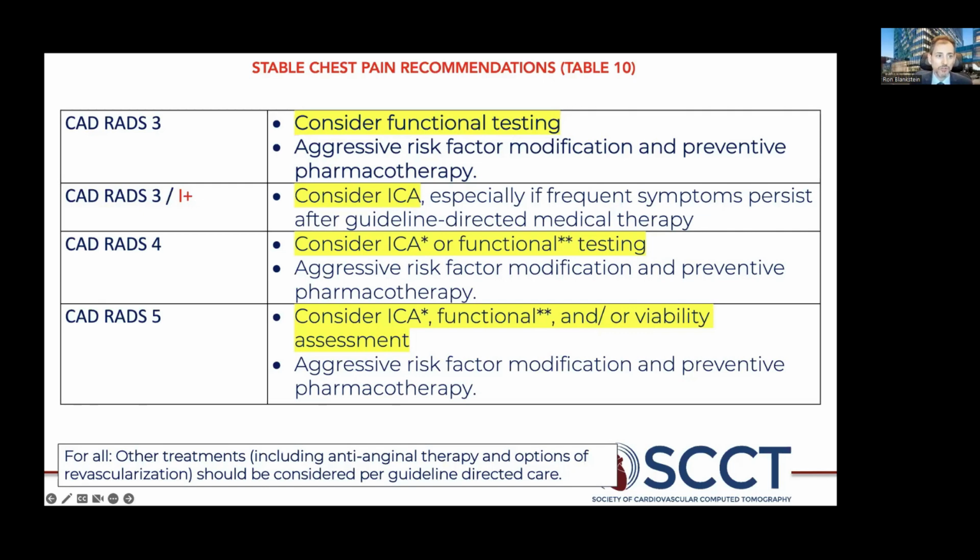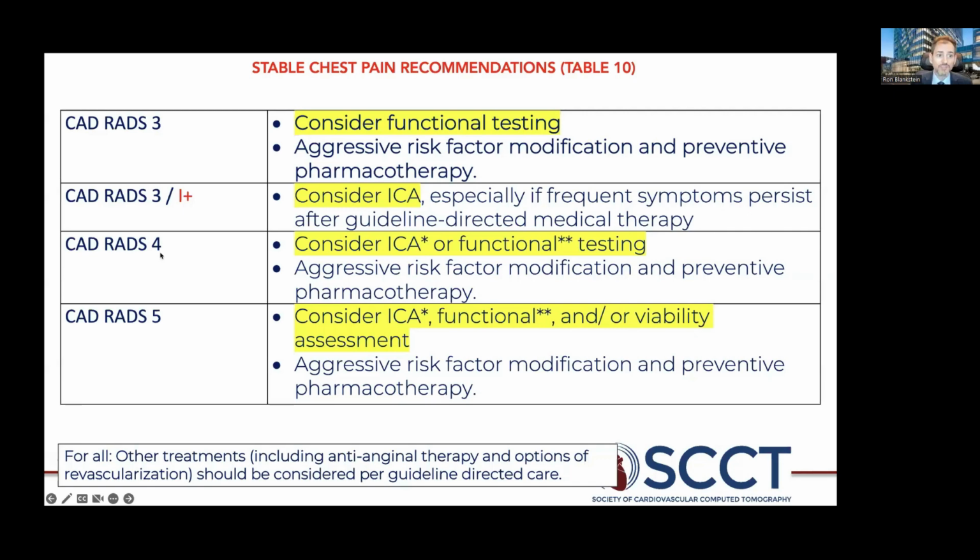But if you do an investigation for ischemia like FFR-CT or like CT perfusion, if you now have an I+, then we may consider invasive angiography, especially if there's frequent symptoms that persist after medical therapy. So you always have an option to try medical therapy. You never have to go to the cath lab just because of a CT result. But if there are frequent symptoms, if there's evidence of ischemia, certainly that would make a compelling case to have invasive angiography.